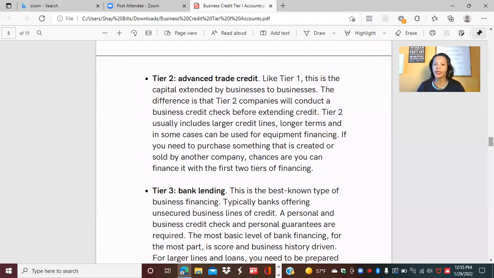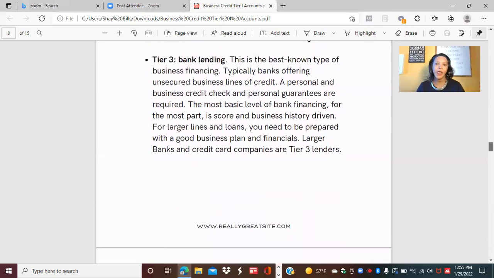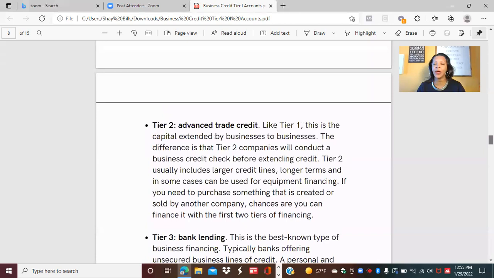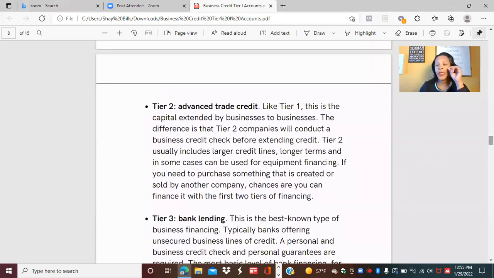If you need to purchase something that is created or sold by another company, chances are you can finance it with the first 2 tiers of financing. One of the key takeaways for tier 2 business credit is that it's business to business. Okay, so you're going to be going to other businesses, applying for those businesses to extend credit to your business.